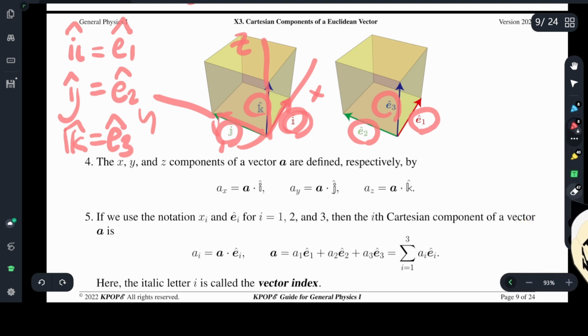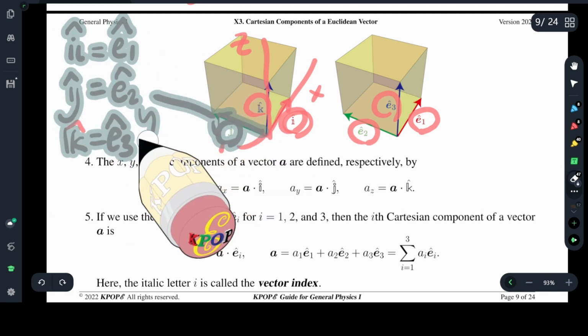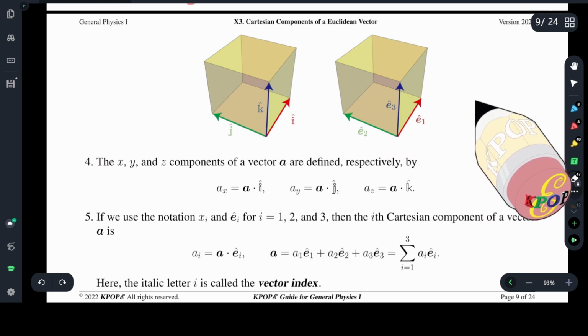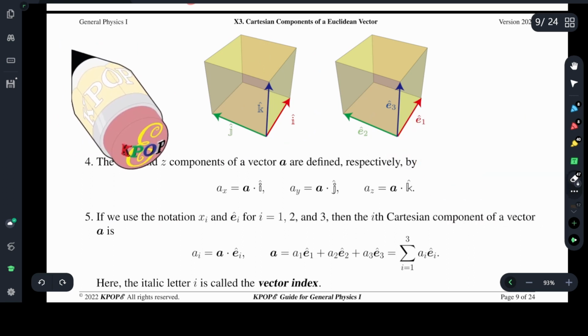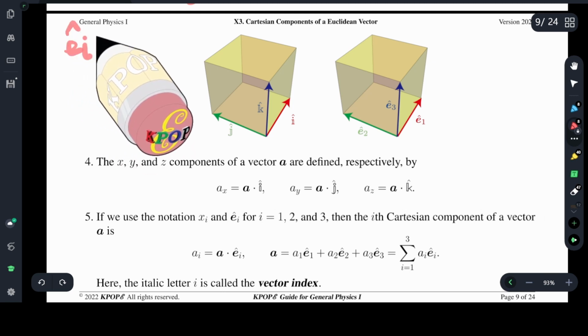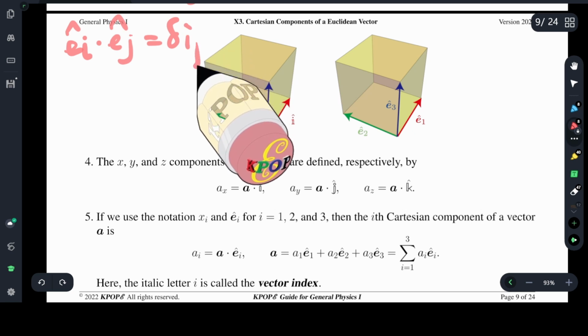What can I do if I want to find the component of a vector? I would use a very simple relation: Ei hat dot Ej hat equals delta ij.